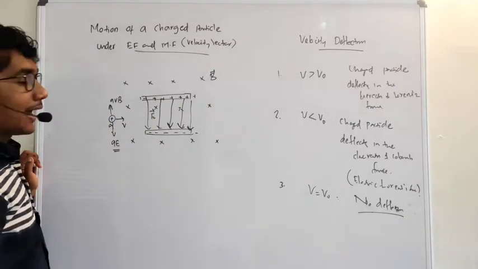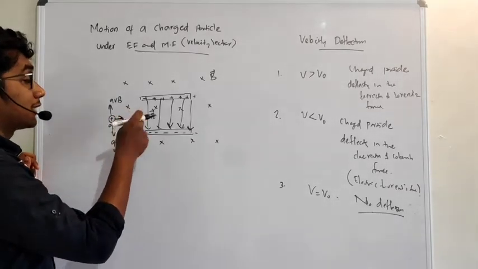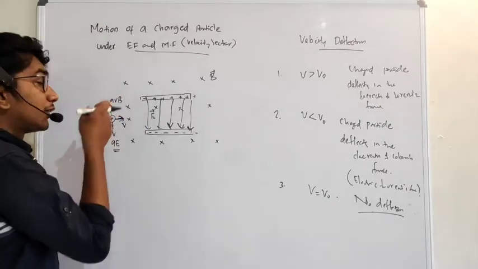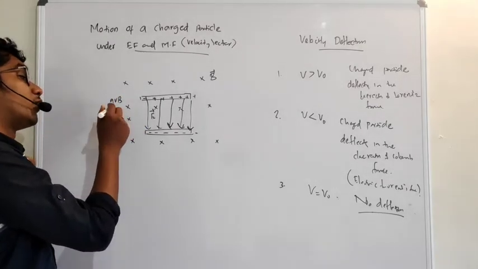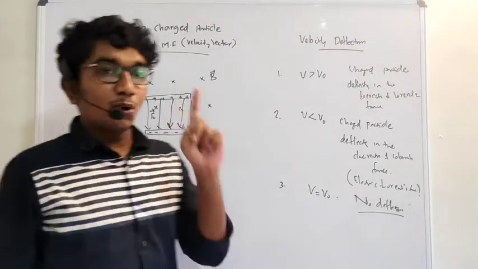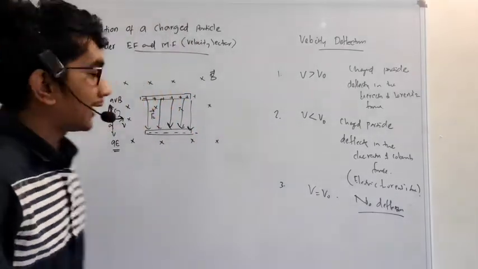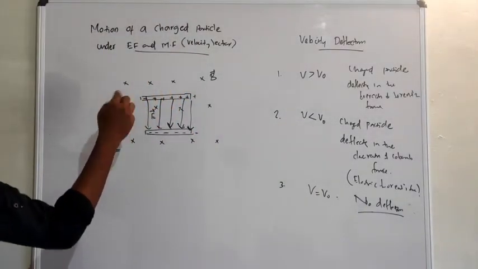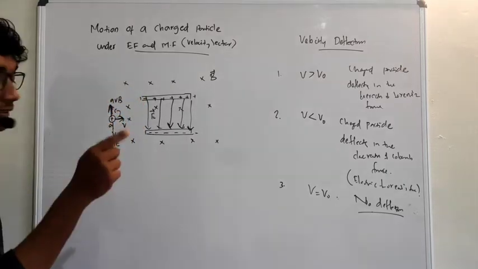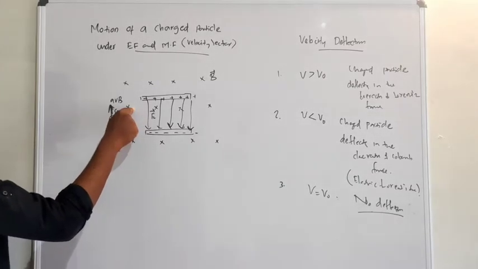Then the force will act, look at this, all of you listen. The velocity vector is in this direction and the magnetic field is in this direction, inside. So what will be the QVB force? QVB force will be in this direction, which is perpendicular to both velocity and magnetic field. You can check the direction with V cross B. It is three-dimensional, so it is difficult to understand, but if I consider this as magnetic field, this will be the direction of the QVB force.